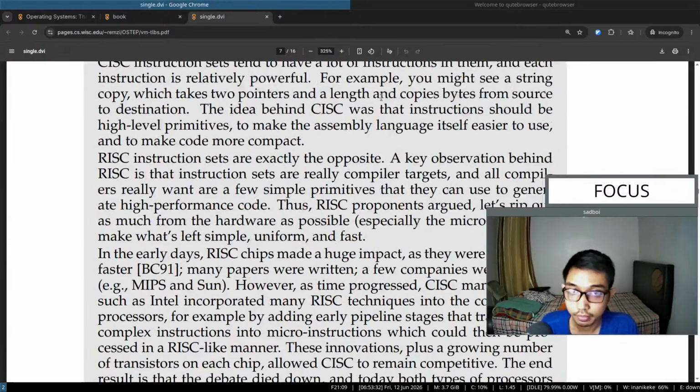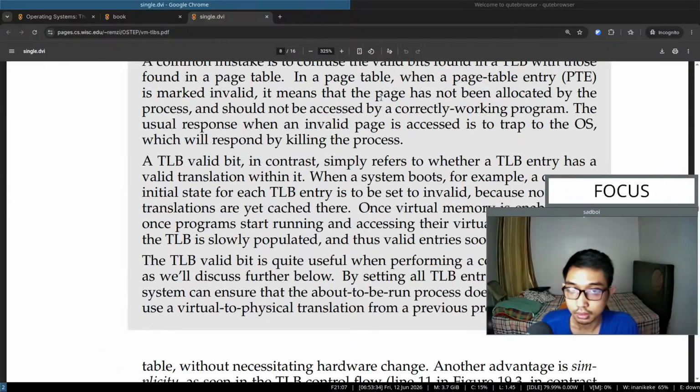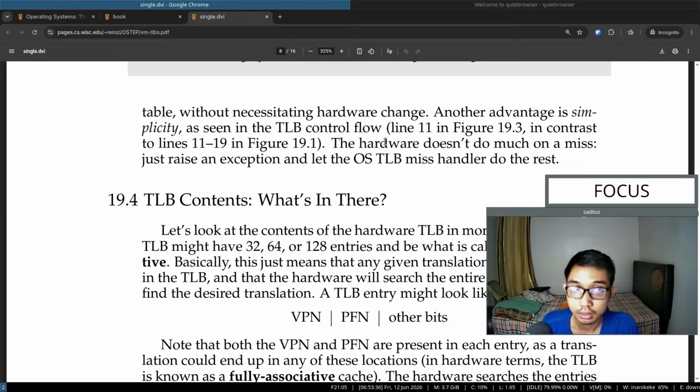Maybe. The hardware doesn't do much on a miss, just raises an exception and lets the operating system translation lookaside buffer miss handler do the rest.